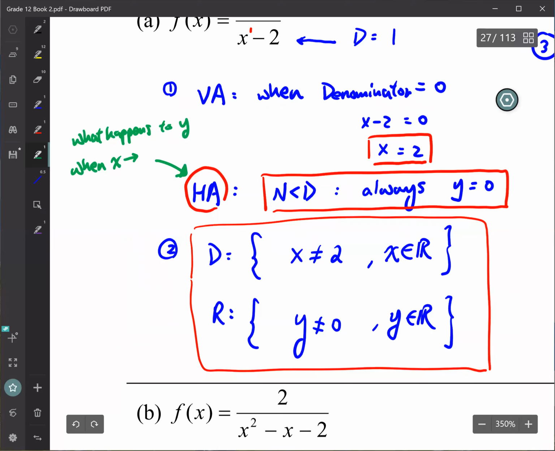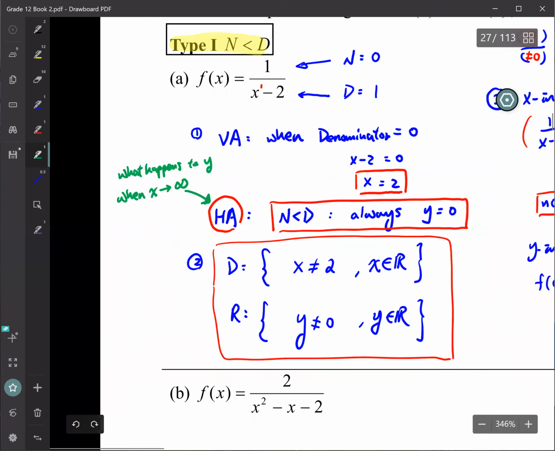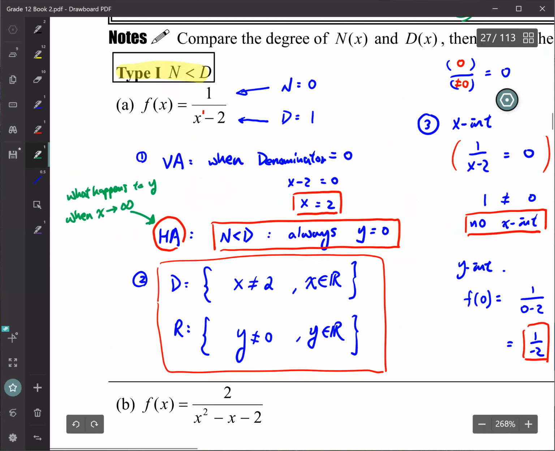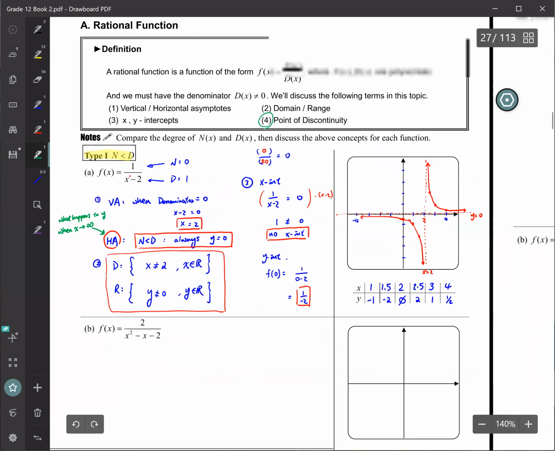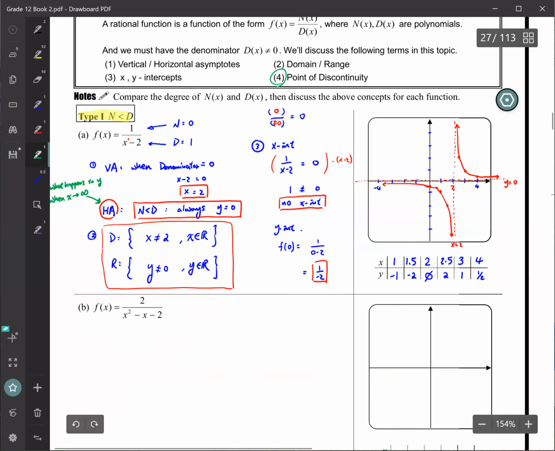When x gets really big, the number y gets close to is your horizontal asymptote. So in this case, if x gets really big, your whole y value gets close to 0. So that's why it's y equal to 0. That's our first example of a rational function.